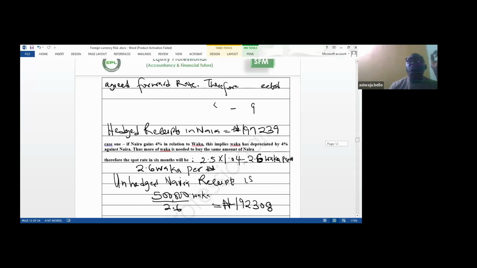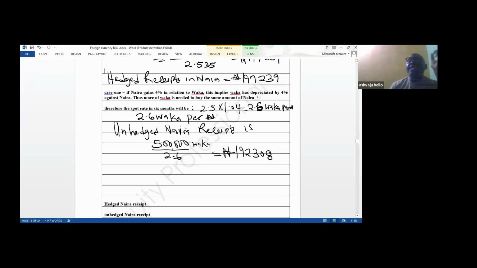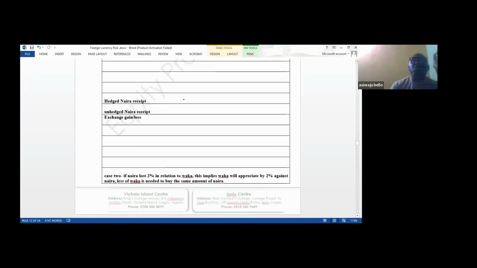Because we have hedged, we are going to receive 197,239. Are we gaining or losing? Let's compare. Hedged Naira receipts are 197,239. Unhedged Naira receipts are 192,308.